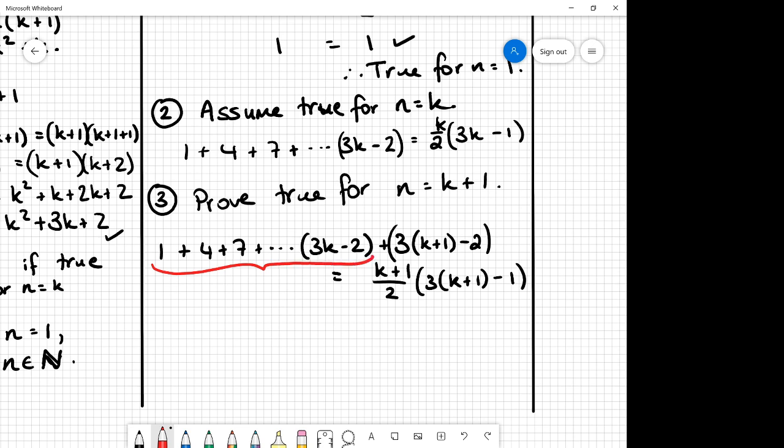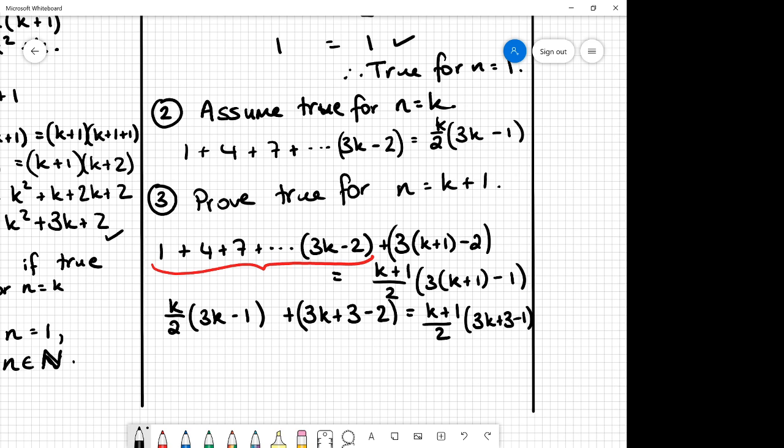Now again, just like in the previous one, we know that the first few terms there all came out to k over 2 by 3k minus 1 plus, and if we multiply out that second one, we get 3k plus 3 minus 2 is equal to k plus 1 over 2 by 3k plus 3 minus 1.